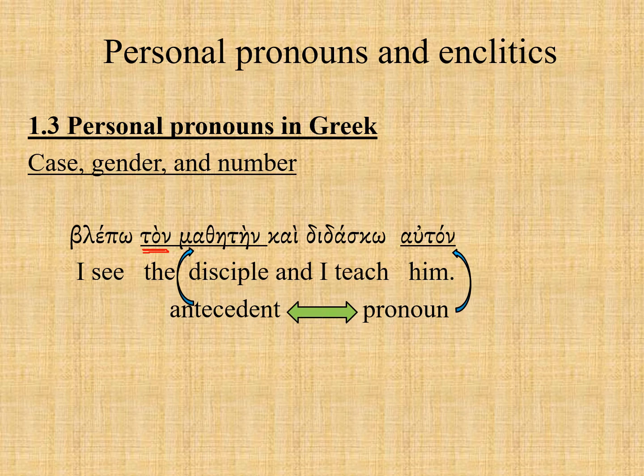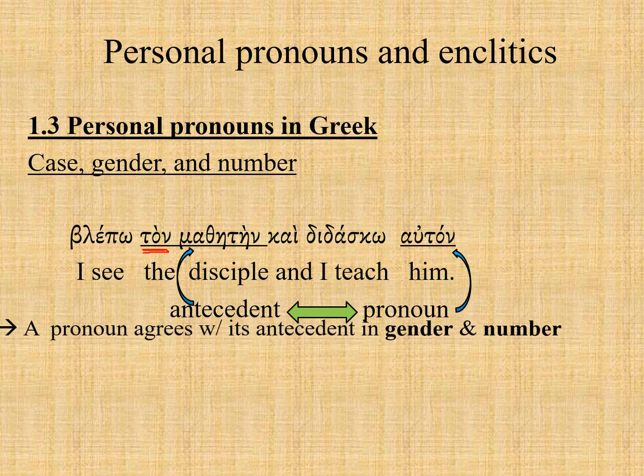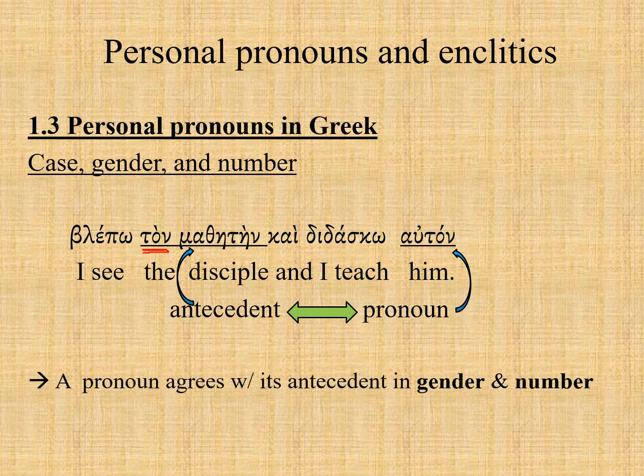So therefore they are connected, and we say that a pronoun agrees with its antecedent in gender and number.